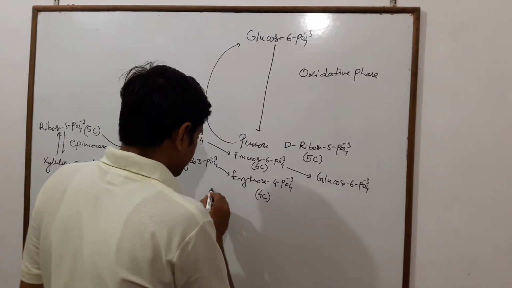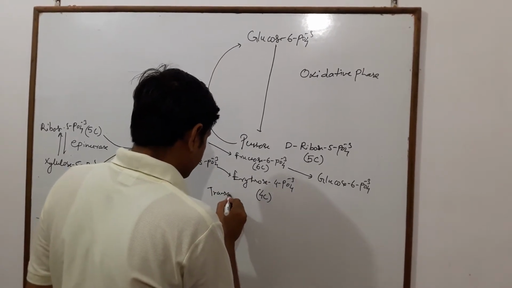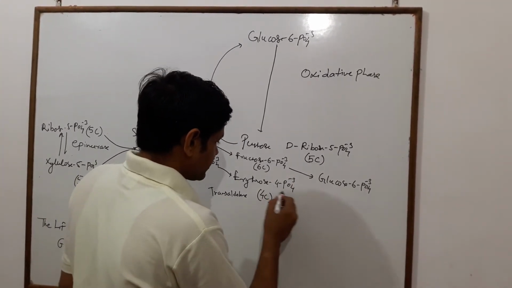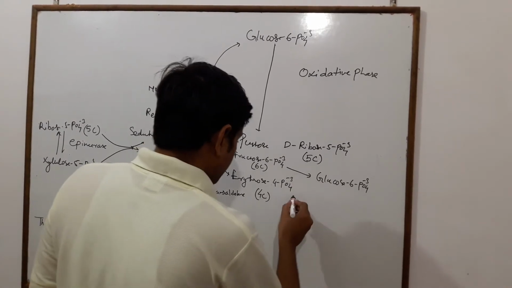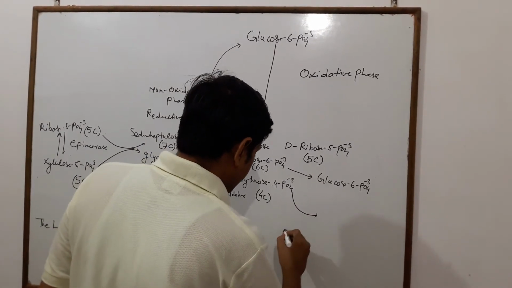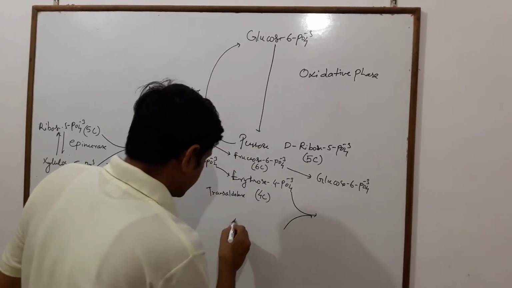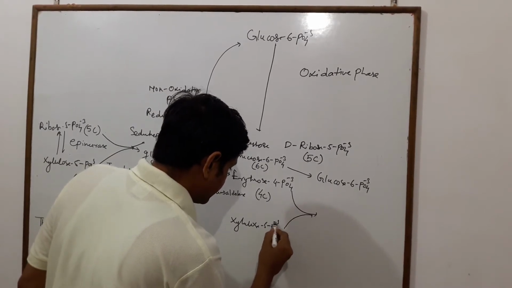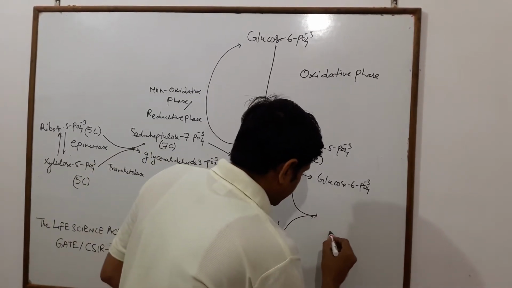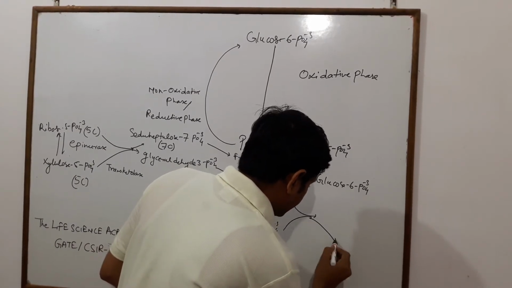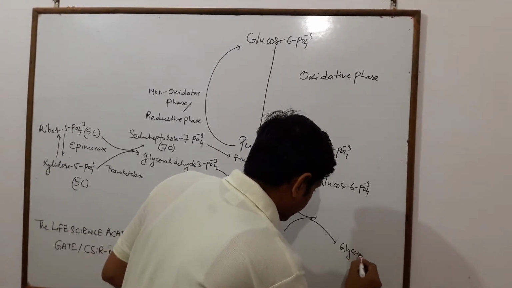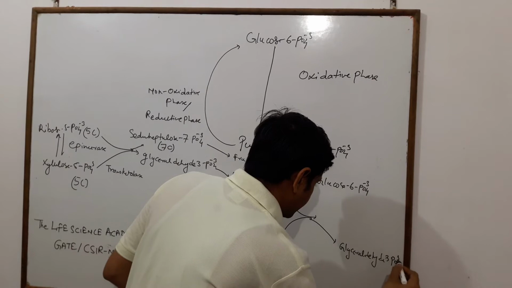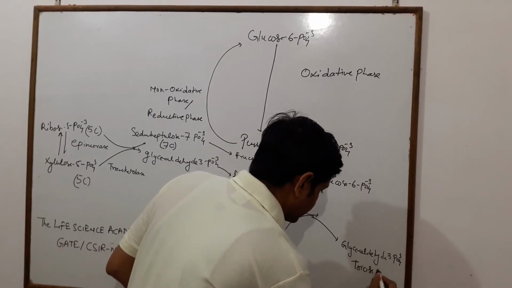This reaction occurs in the presence of transaldolase. Now this 4-carbon sugar combines with xylulose 5-phosphate again and forms glyceraldehyde 3-phosphate, which is also a triose phosphate.